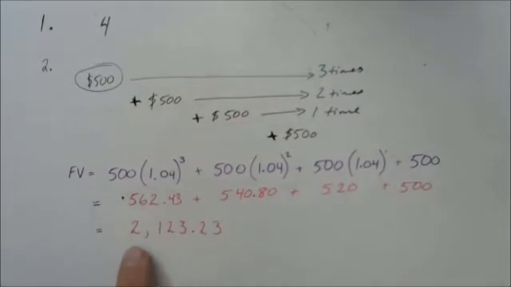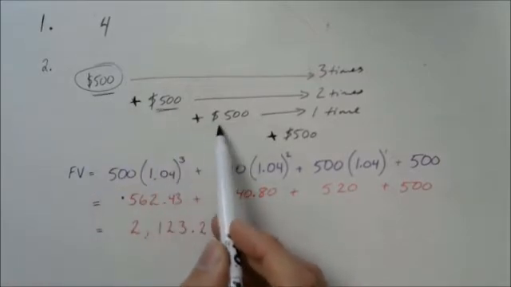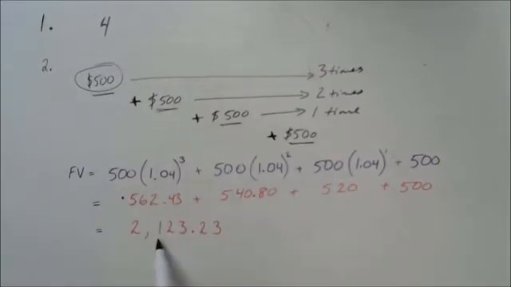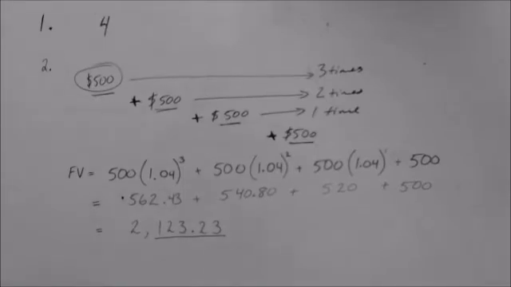He's going to, at the end of it, have a total of $2,123.23. His deposits will equal $2,000. So you can easily see also the amount of interest that he's earned there is $123.23.